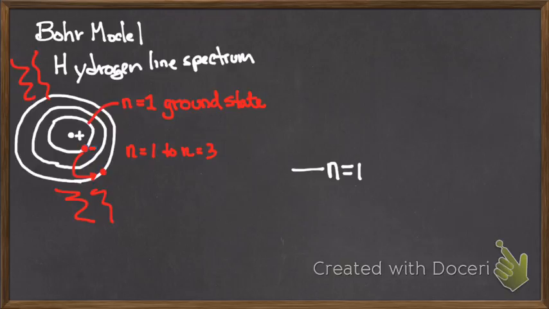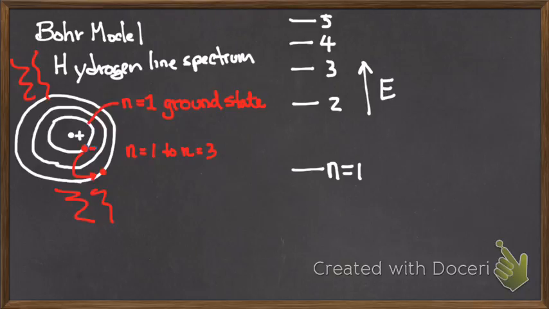And then 2, 3, 4, 5. And I intentionally drew them closer together as you go up, because they do get closer together as you go up in terms of energy. And on this axis, this is the energy, right?